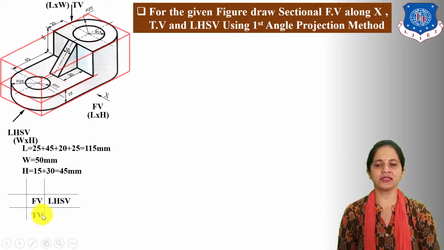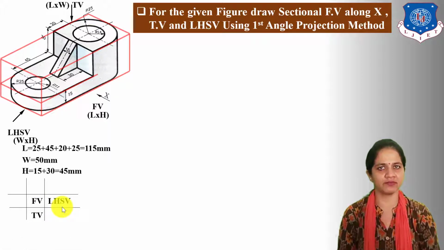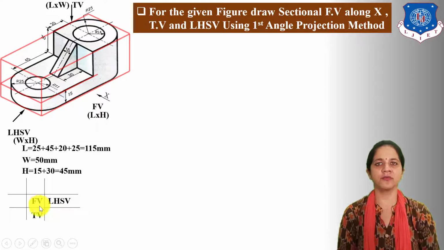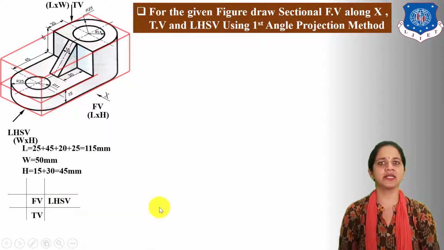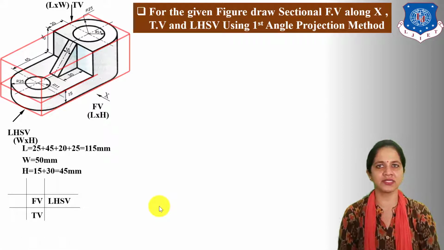Here you can see the arrangement of front view, top view and left hand side view according to the first angle projection method. Draw the front view above the XY line, the top view below the XY line and the left hand side view on the right side of the front view. So next let us draw the front view, top view and left hand side view boxes with reference to horizontal and vertical axes.